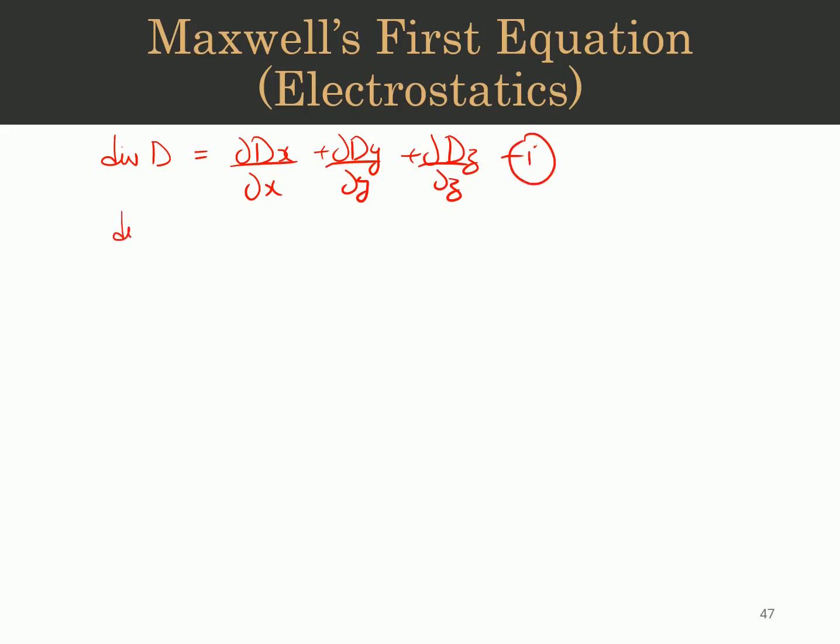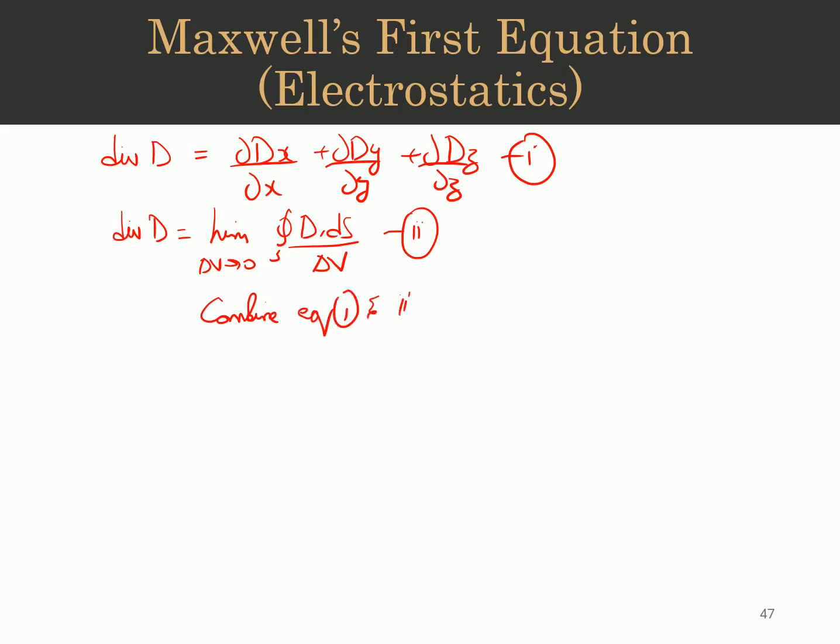Then divergence of D is also equal to the limit of volume tending to 0 of the surface integral D dot dS divided by delta V. These are the two representations of the equation. If we combine equation 1 and 2, we reach what is known as Maxwell's first equation, which means that divergence of D is equal to rho V.